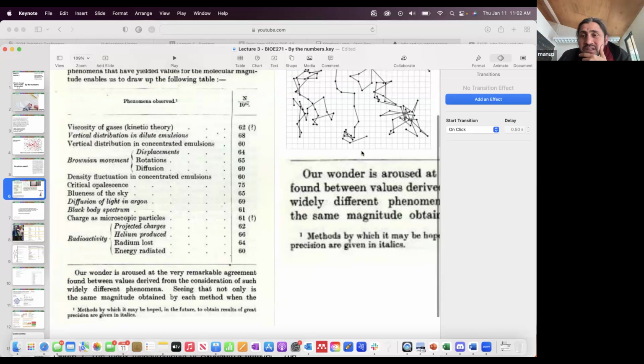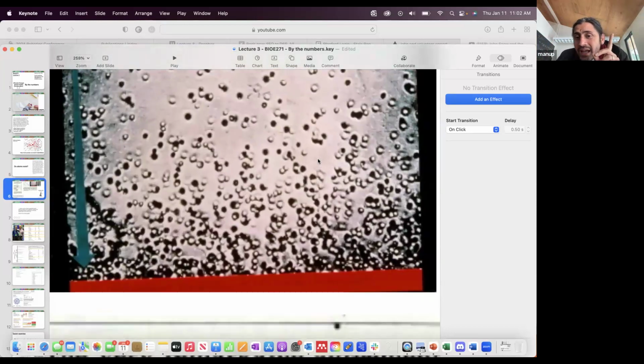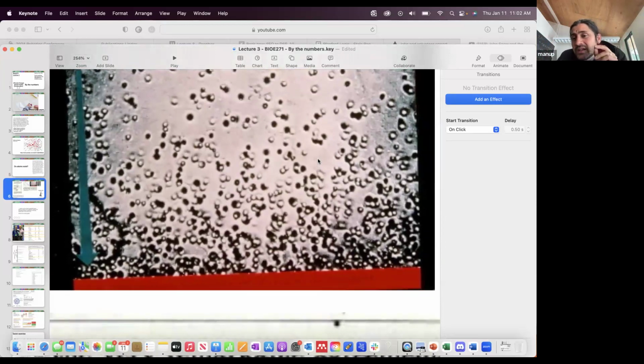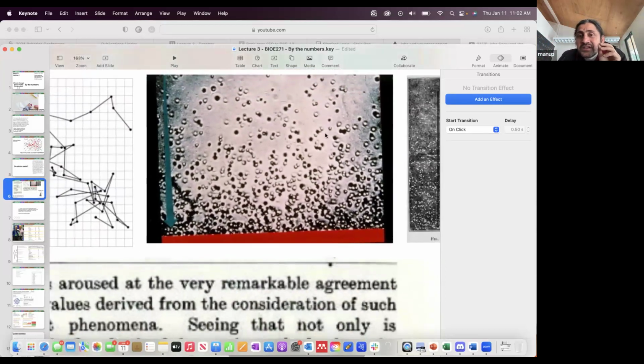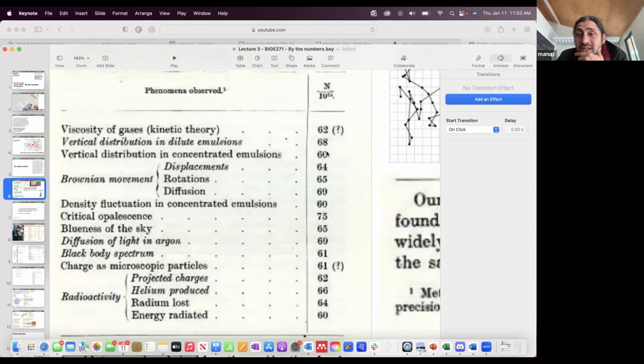Distribution of particles, you can literally take photographs under a microscope, not of the atoms. So this is not atoms. You can think of it as when you look at milk, these are emulsions and you see that they're distributed. Gravity is acting on them, they're settling, but the jiggling and wiggling of atoms is pushing them up. This is kind of the conventional idea. And from the ratio in this distribution you can go back and calculate that number.